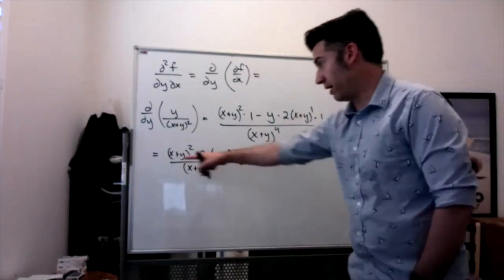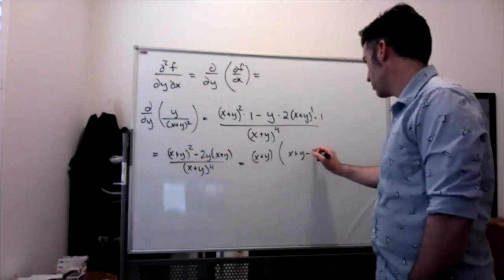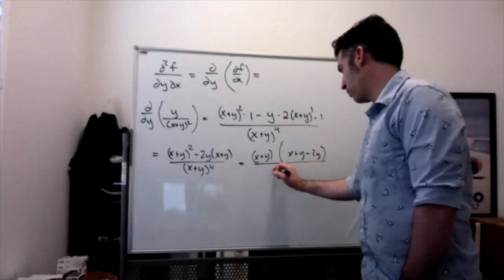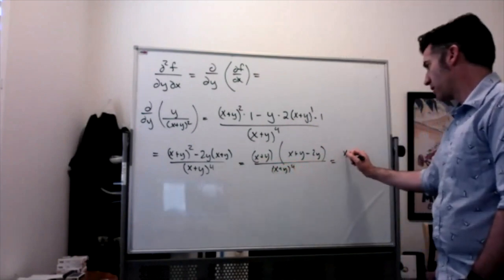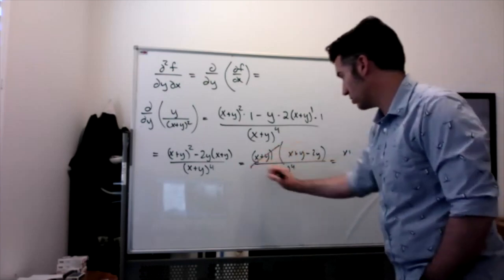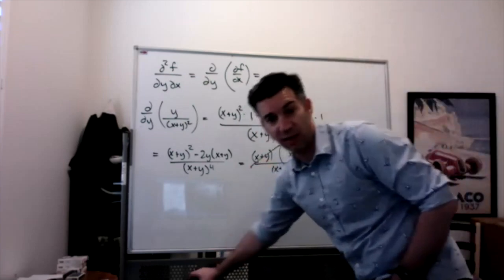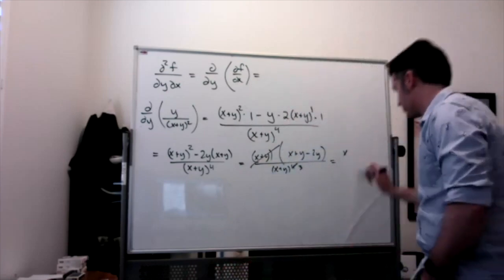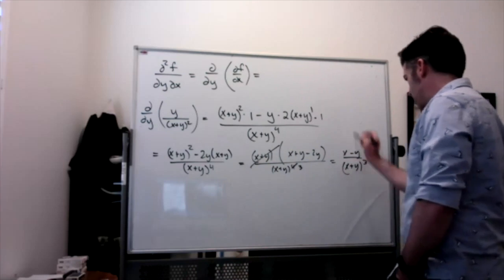I'm left with an x plus y there minus a 2y there over (x plus y) to the fourth. And then an x plus y cancels, and I get x minus y, right? Because x plus y minus 2y is x minus y, over (x plus y) cubed.